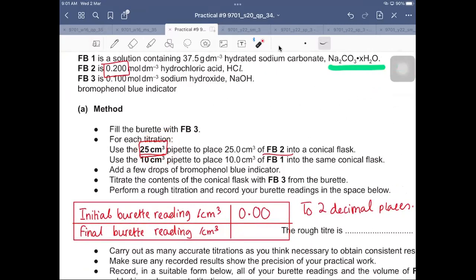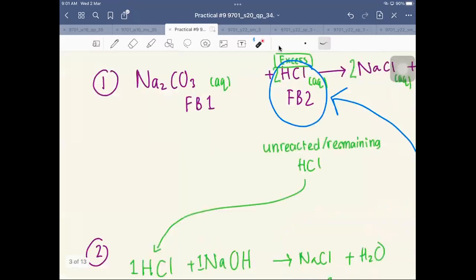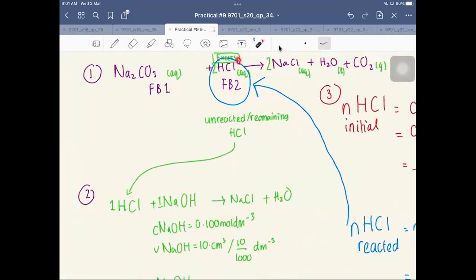This is the initial number of moles of HCl, because this is what we started our HCl with. So far we know initial, we know remaining. That means we can find the one that actually reacted. How much of the HCl actually reacted with the sodium carbonate?